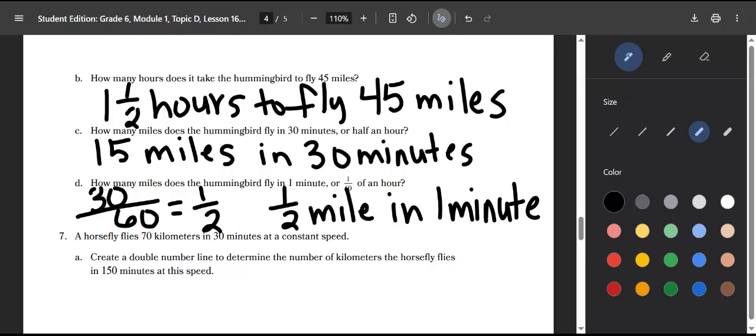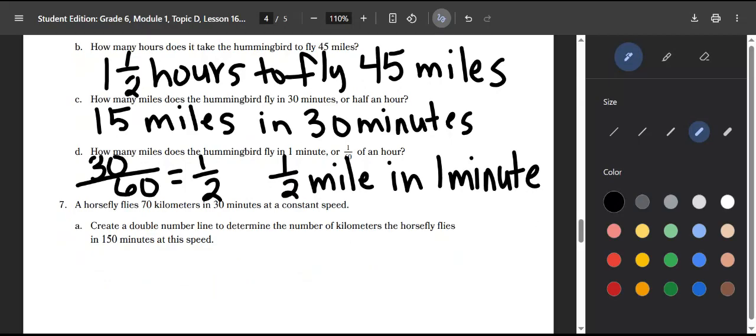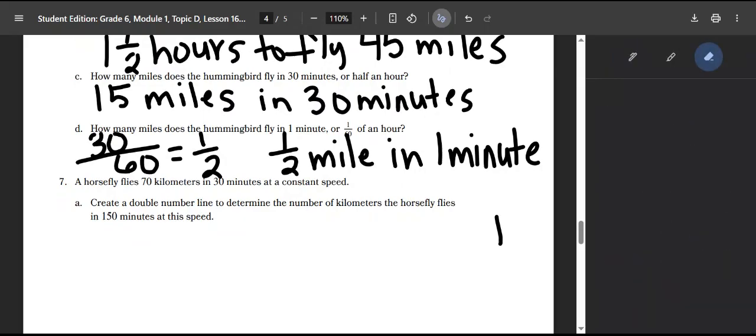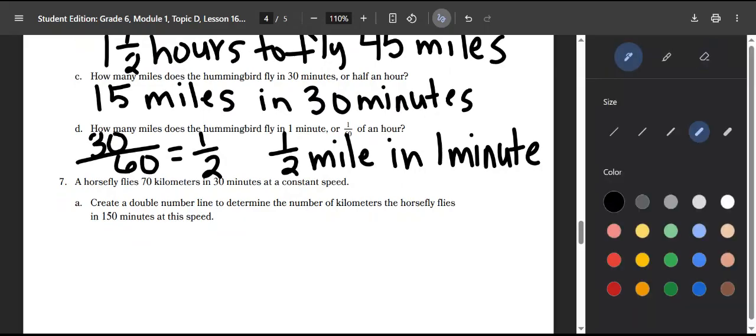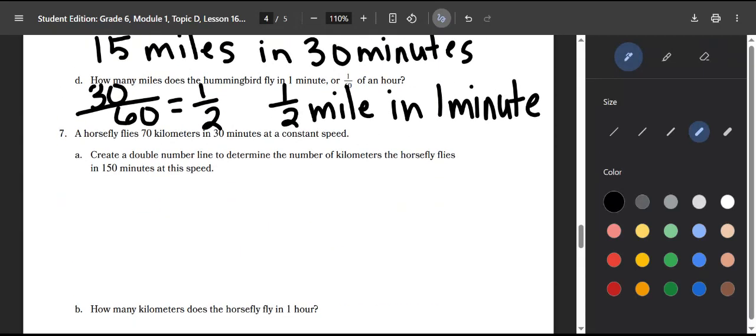Seven says a horsefly flies 70 kilometers in 30 minutes at a constant speed. Create a double number line to determine the number of kilometers the horsefly flies in 150 minutes.